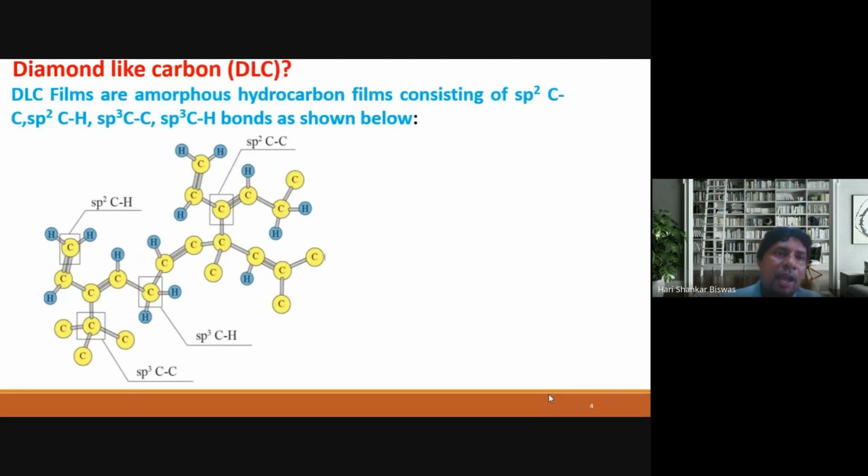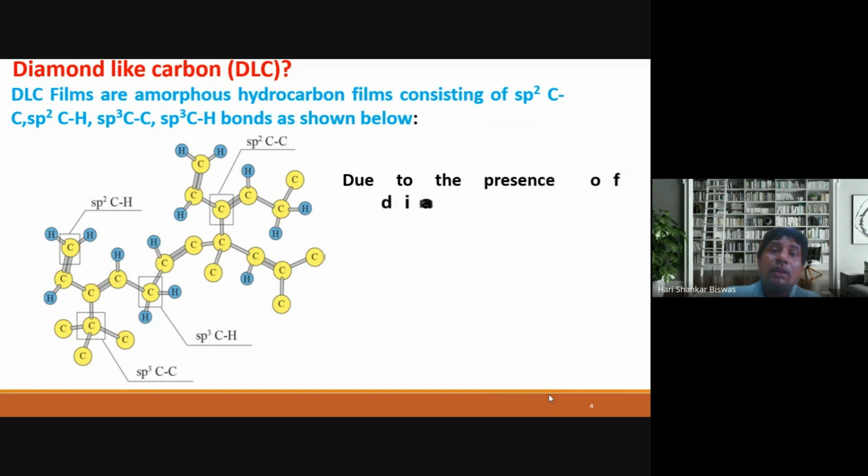And what is diamond-like carbon? Diamond-like carbon films are amorphous carbon films, consisting of sp2 and sp3 carbon, and a very small amount of sp carbon may be there, but mostly sp2 and sp3.